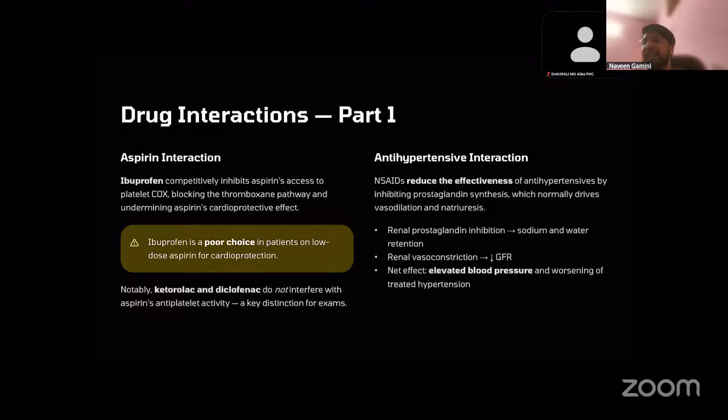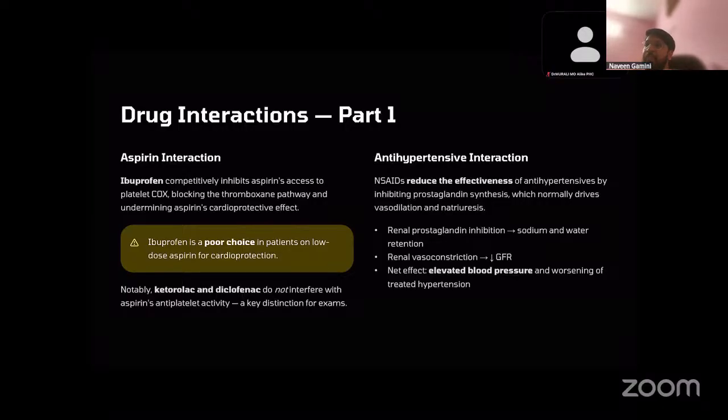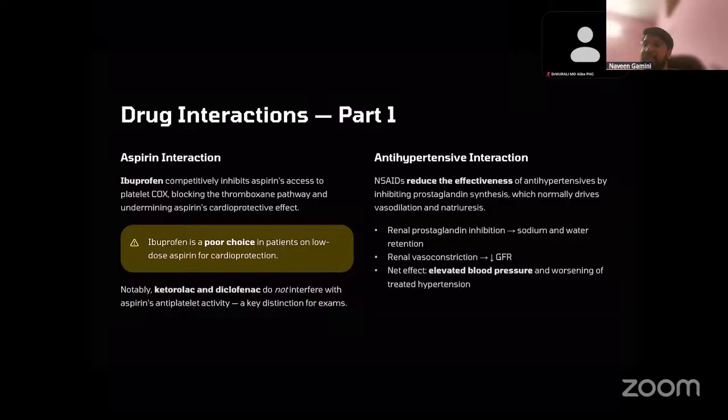Next, let's talk about the interaction with antihypertensives. NSAIDs will reduce the effectiveness of antihypertensives because they inhibit prostaglandin synthesis in the kidney. Prostaglandins cause vasodilation and natriuresis in the kidney.